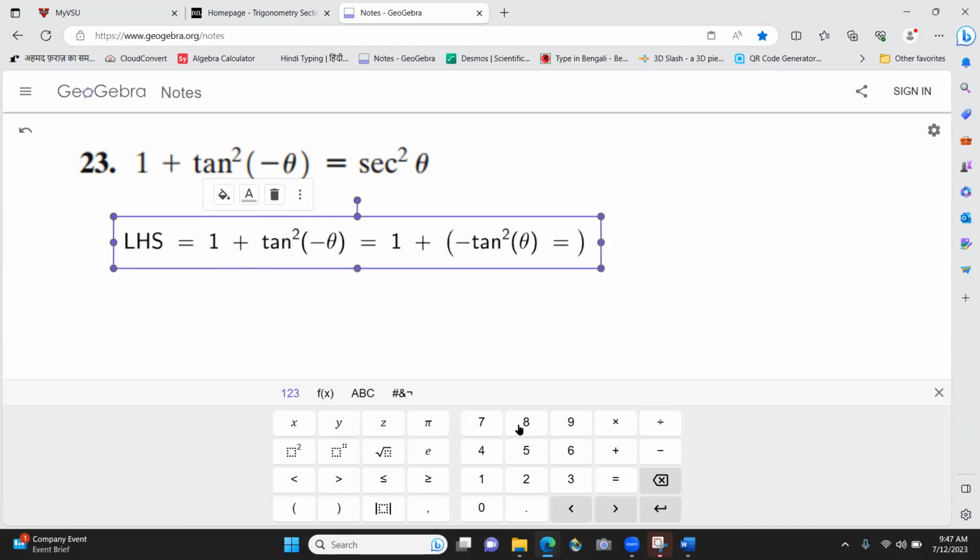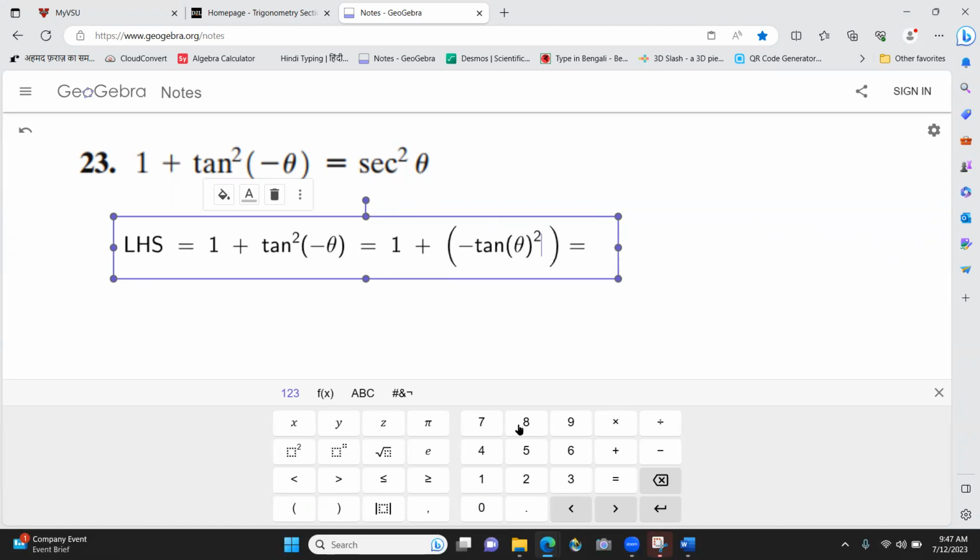But when you square something like this, when you square a minus sign, you lose it. Okay. So you're going to lose the minus sign. And I am just going to simplify it and just write tan square theta. That was the explanation.